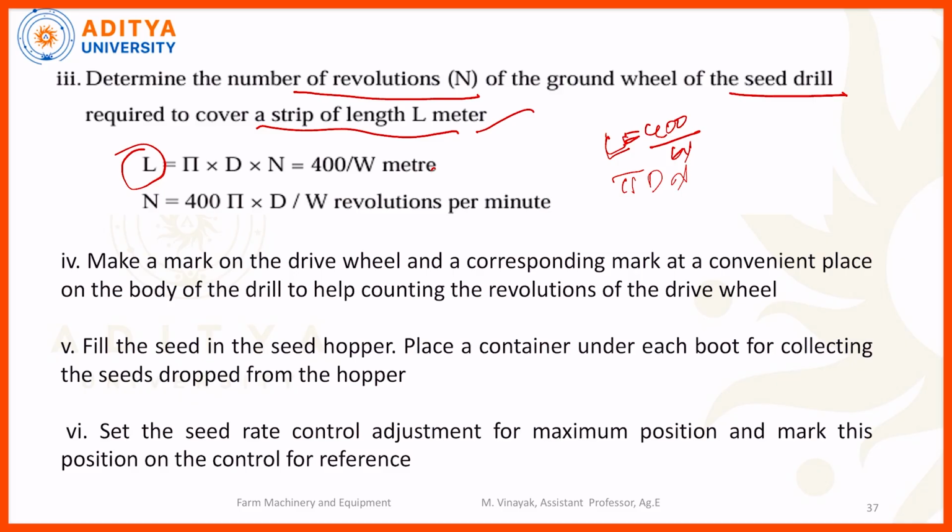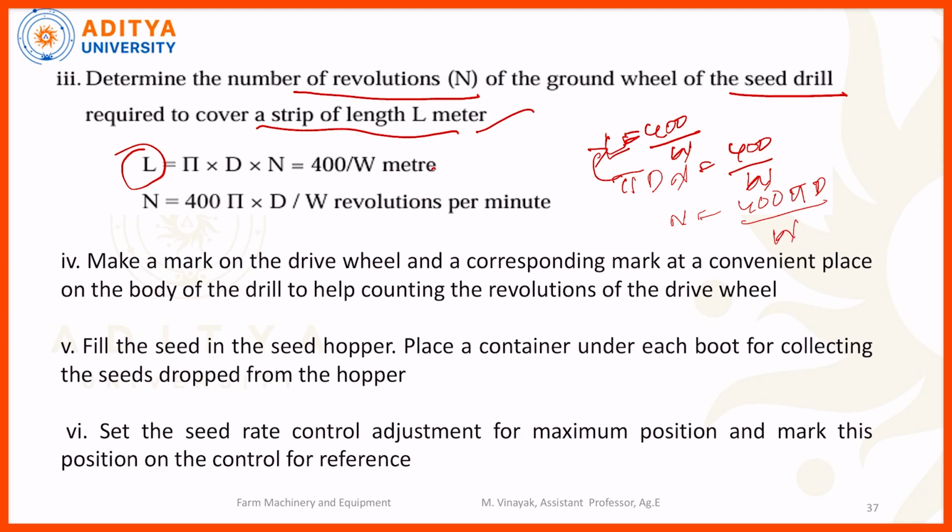So the number of revolutions required to cover this area is 400 divided by W. Finally, n equals 400 divided by pi d W.